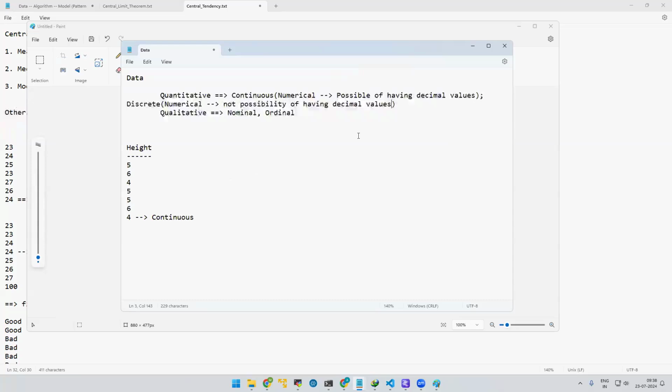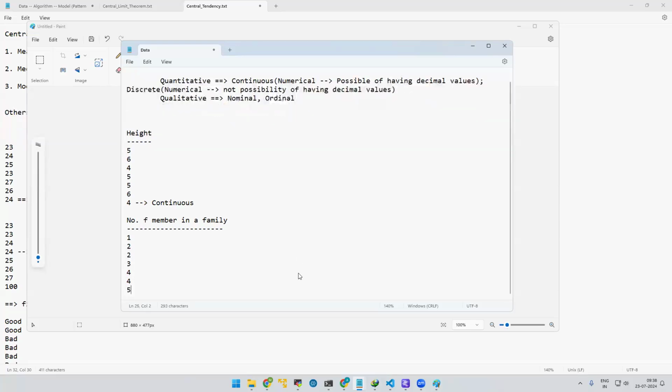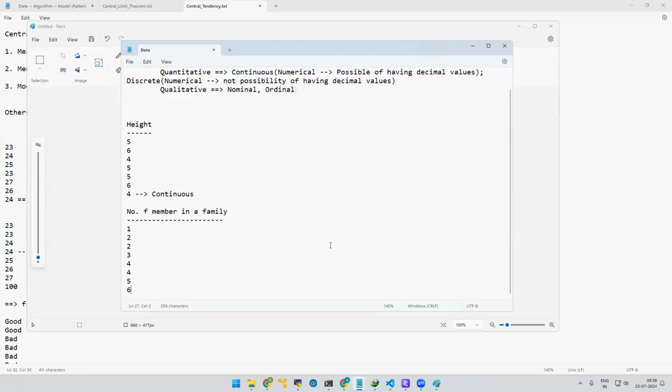No, right? The number of members in a family can be 1, 2, 3, 4, 5, but there is absolutely no possibility of having a decimal value. So we call this data discrete.